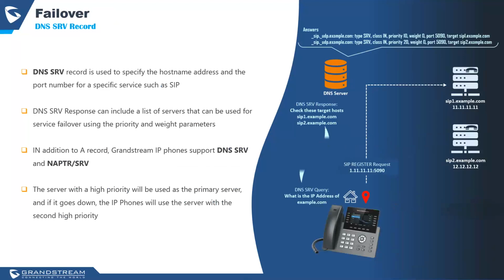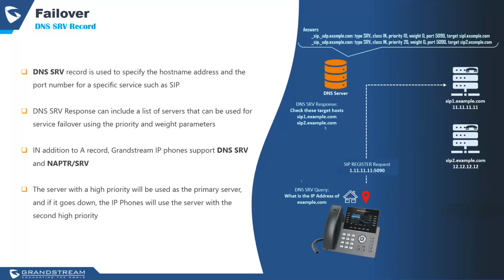And it uses multiple DNS record types to provide information about a domain name or a host name. For example, the commonly used DNS A record is used to resolve a host name with the corresponding IP address. And the DNS record that we are interested in today is the SRV record that is used to provide information about a specific service by specifying host name and the port number to be used for the service.